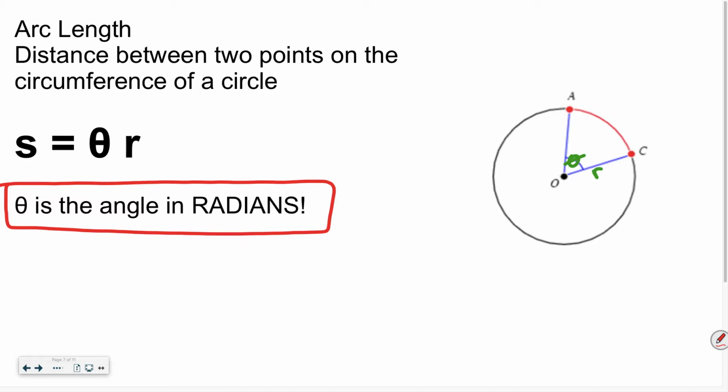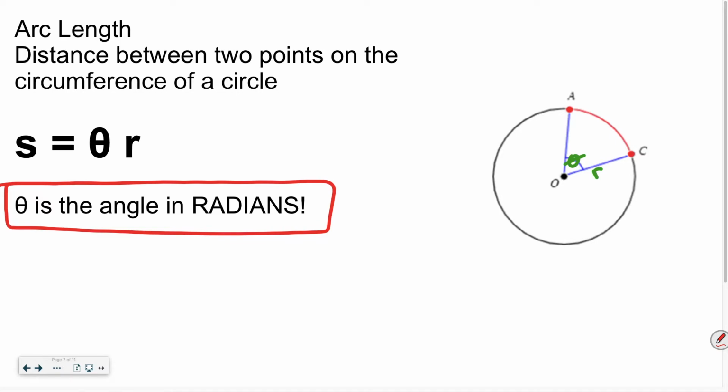Austin, read me what I just boxed in red. That's theta. Theta is the angle in radians. Radians. If your angle is not in radians, you have to convert it. This only works in radians because essentially it is the definition of the radian rearranged.